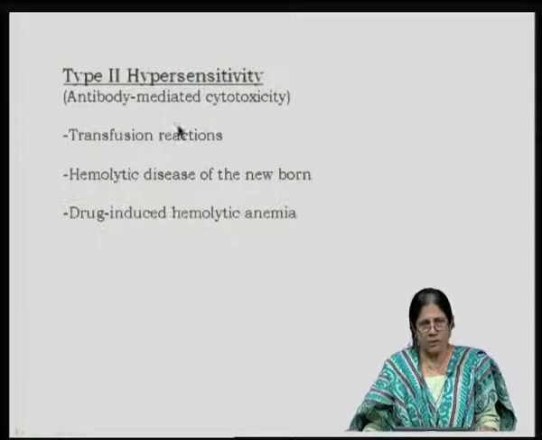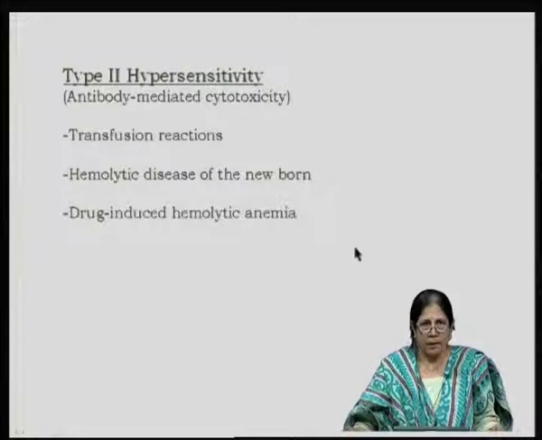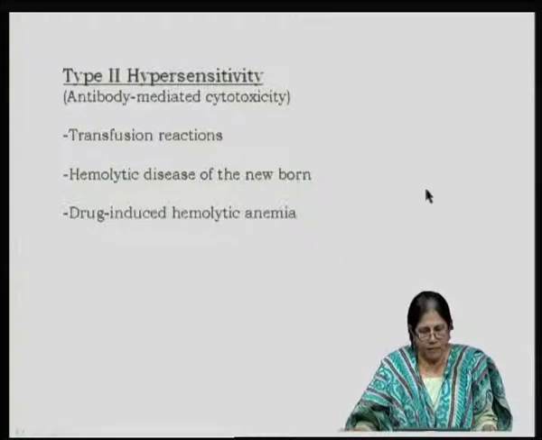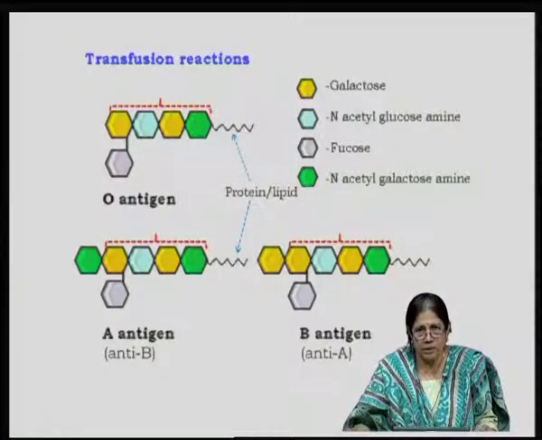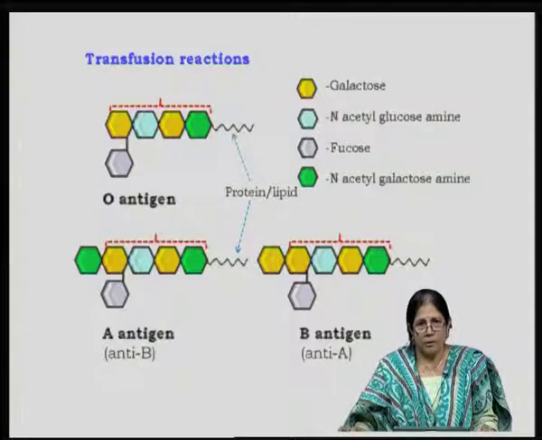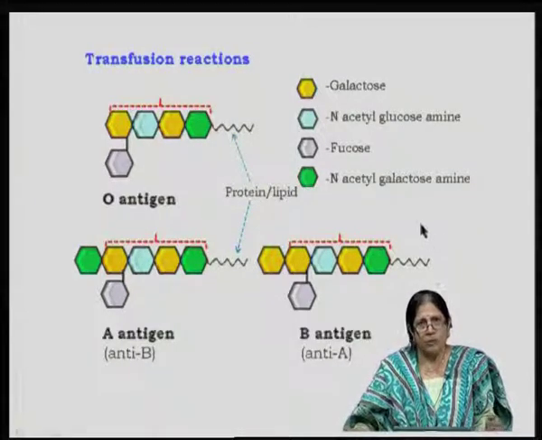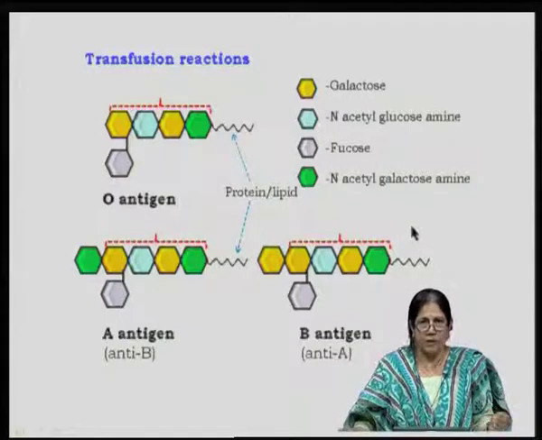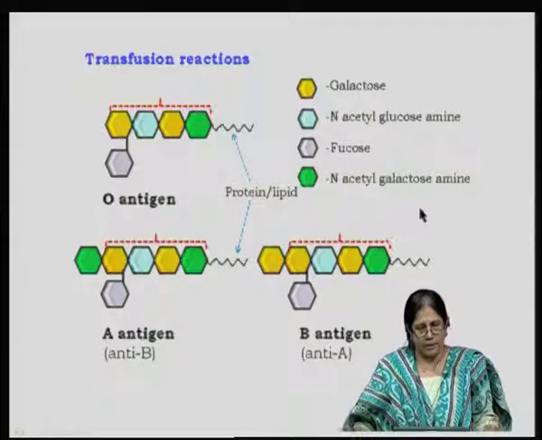Now, in all 3 cases, of course, these are responses which happen only under conditions where, for example, in the first case there is a transfusion reaction. Now, one cannot talk about transfusion reactions until one talks about the antigens which are present on red blood cells. Only then can one understand how these transfusion reactions can lead to cell mediated cytotoxicity.